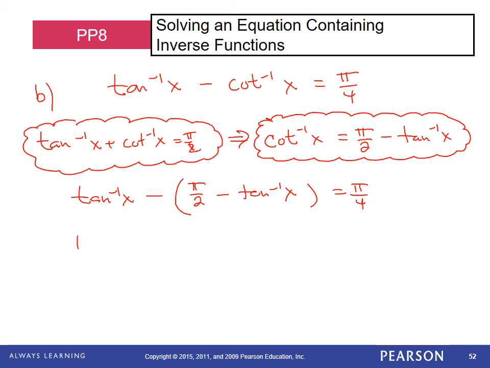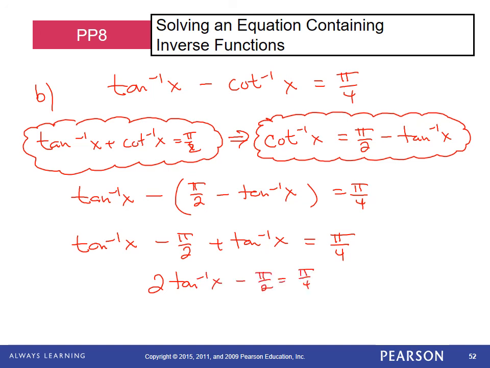The rest is just a little bit of algebra. Negative pi over 2, positive tangent inverse of x. Good there so far? Distributing the negative inside. Let's see what else we can do here. Put the two tangents together, so that gives us 2 tangent inverse of x minus pi over 2, equal to pi over 4.